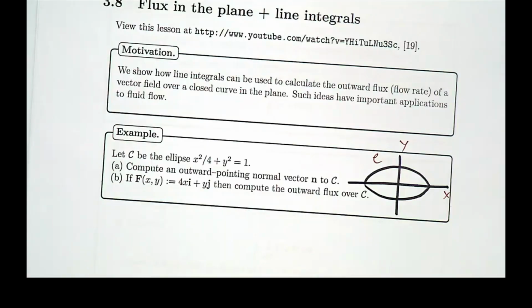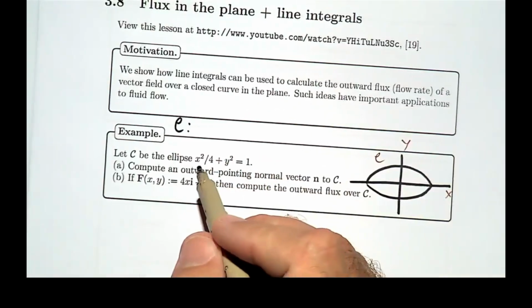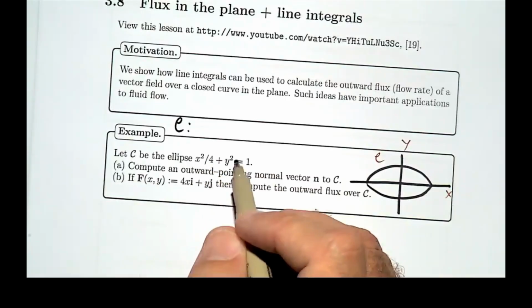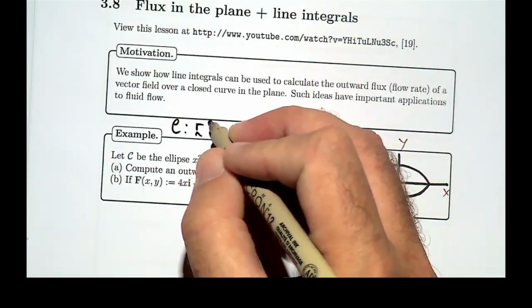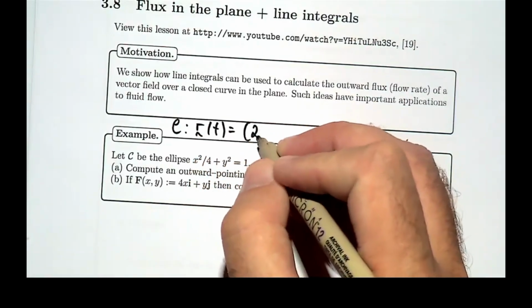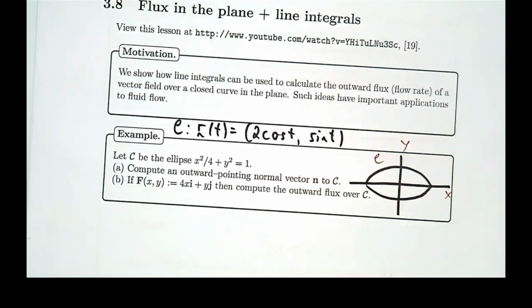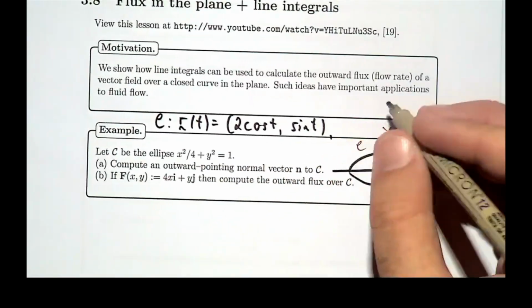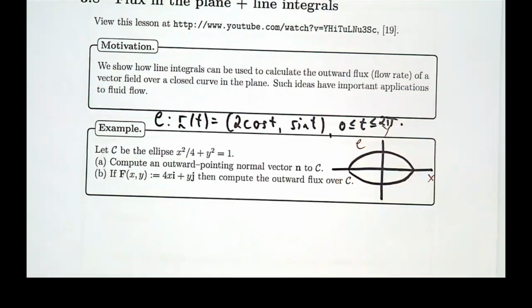Okay, so let's parameterize the ellipse. So x can be 2 cos t, y can be sin t.